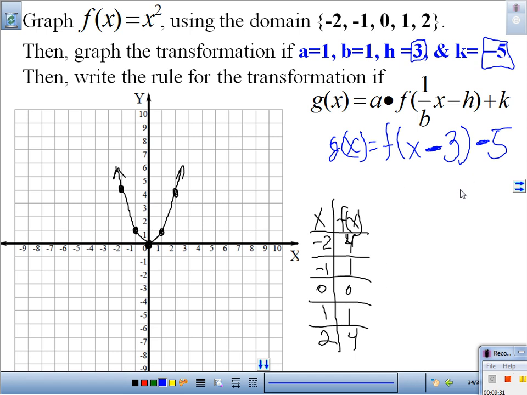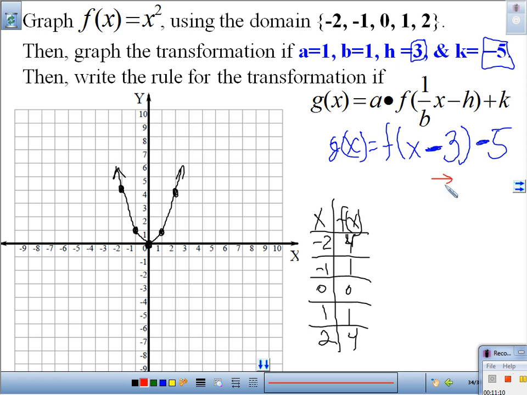So you know what's going to happen to the original function? Allie, what's going to happen? Help her out, Caleb. To the horizontal.